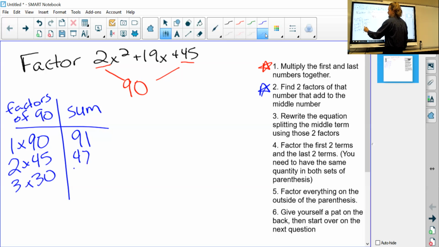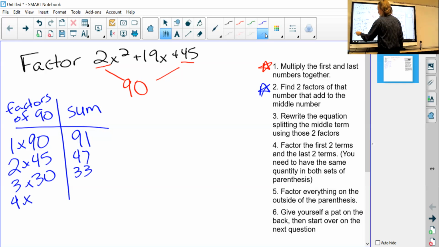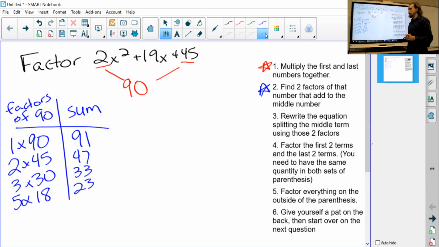You don't need to list all of these. 3 times 30, especially some of these you don't get till the very end. 4 times 4 is not a factor of 90. Sorry. 5 times 18 is 90, but that adds up to 23. And I also put a little calculator that lists out all the pairs of factors, because I think this is sort of tedious, and some of these numbers they give you are kind of big.